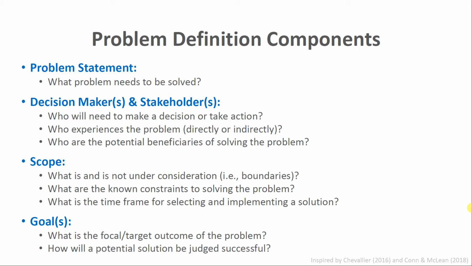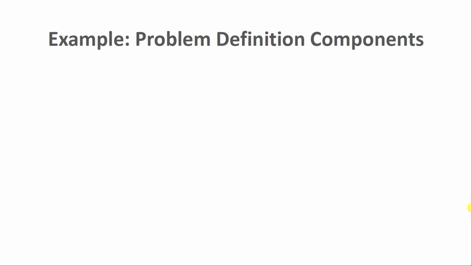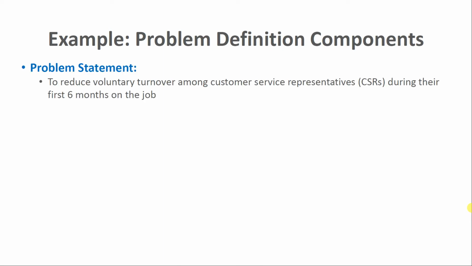So let's work through an example here of problem definition components applied to this hypothetical scenario. So in terms of problem statement, let's imagine that the problem statement is as follows: to reduce voluntary turnover among customer service representatives during their first 6 months on the job, where customer service representatives we can just abbreviate as CSRs here.